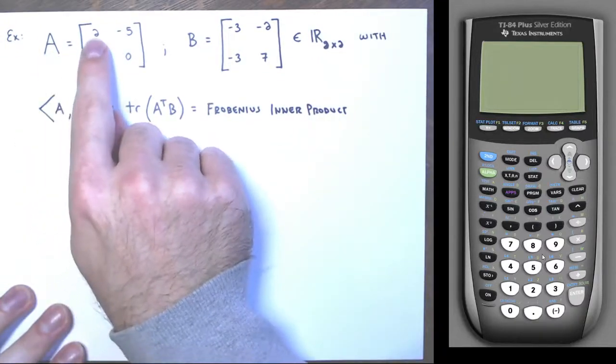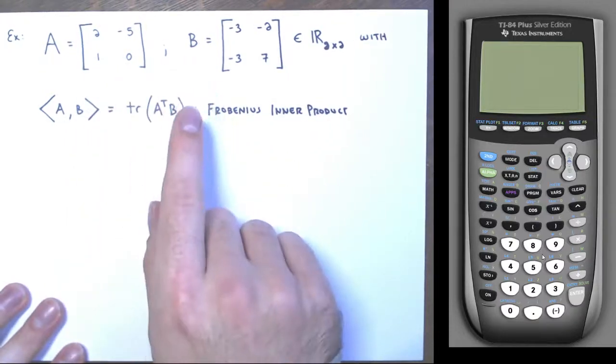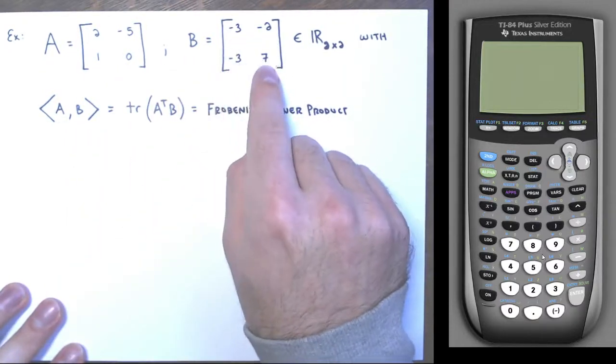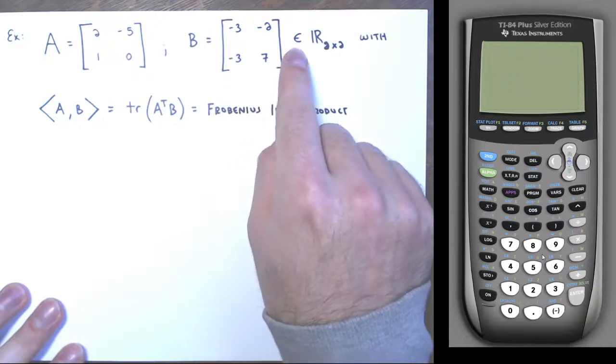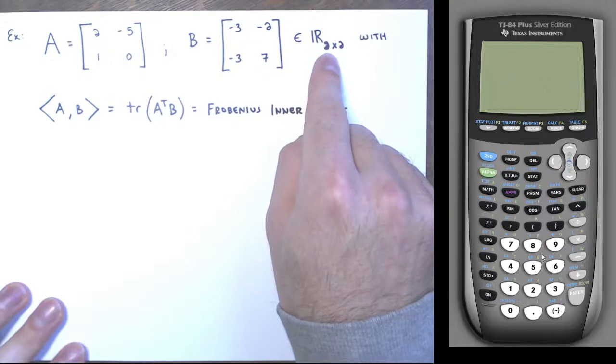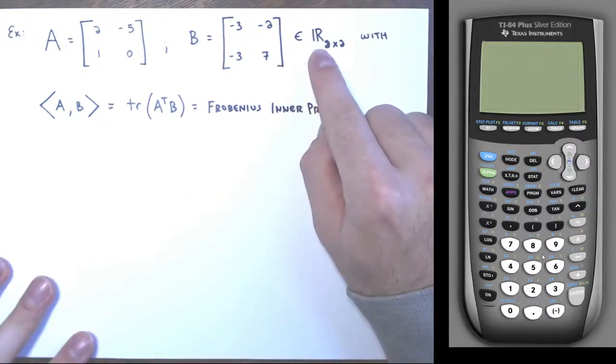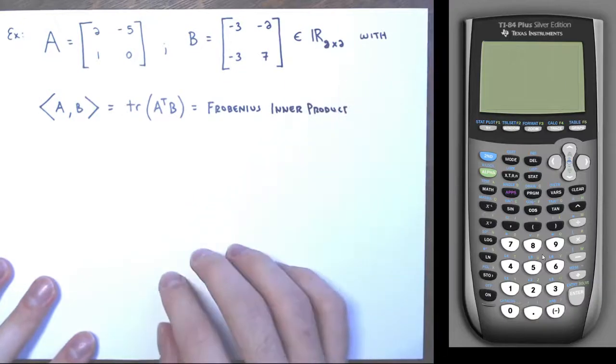So A is this matrix with rows 2, -5, 1, 0. B is this matrix with rows -3, -2, -3, and 7. These belong to the vector space R 2 by 2, the set of 2 by 2 matrices with real entries. Or you might see this as M 2 by 2.